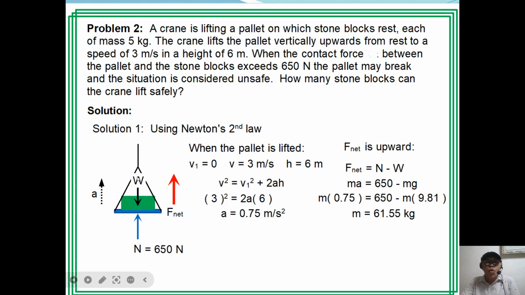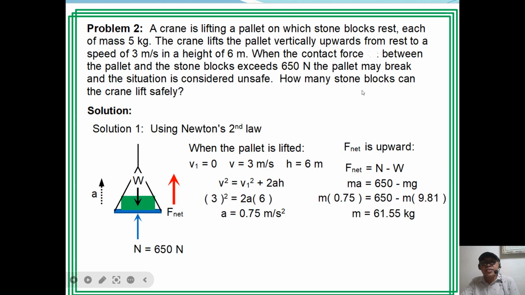So, meaning, when you apply a net force in order for this to accelerate upward, the mass of the stone blocks placed on the pallet should not exceed 61.55 kilograms in order for the pallet to be safe.